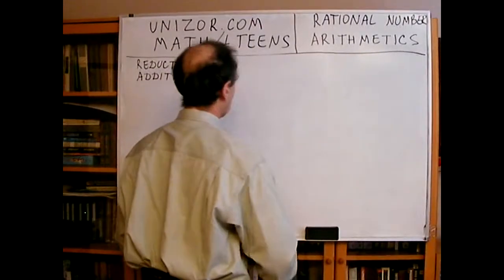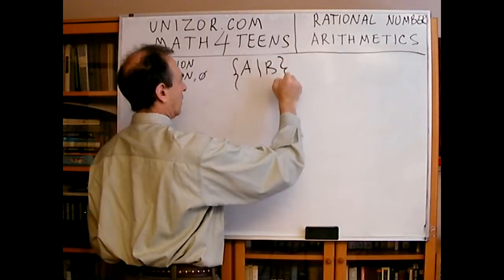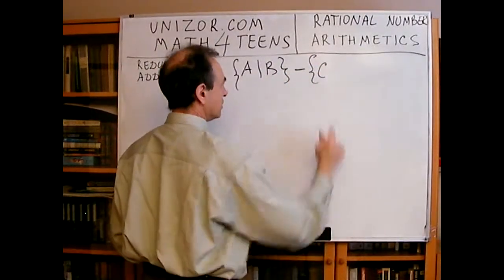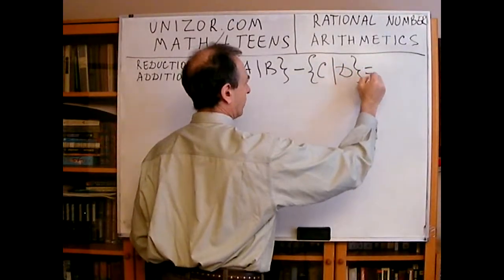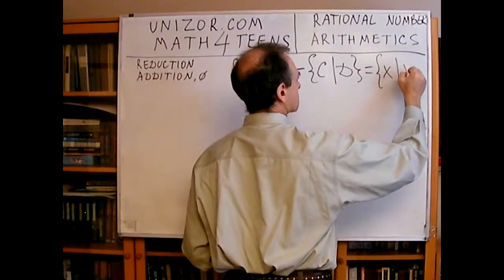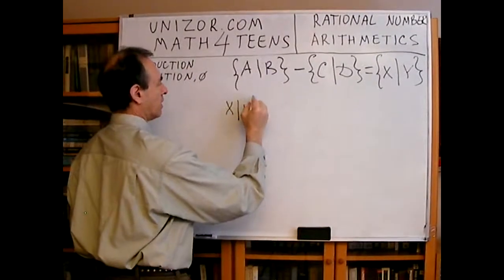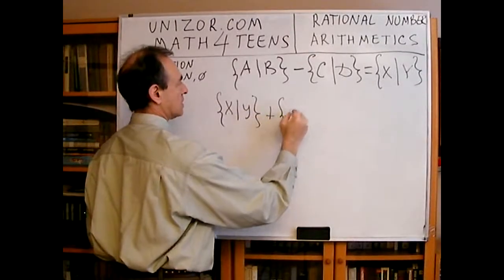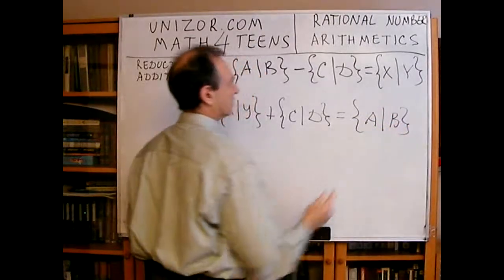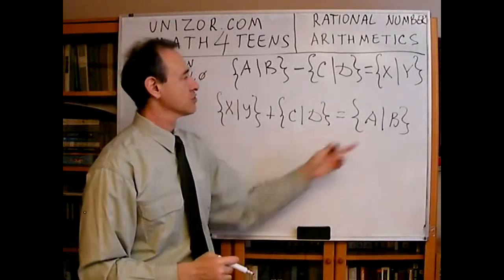So, to subtract A over B minus C over D, in theory what we have to receive is some kind of a number x over y in such a way that x over y plus C over D would result in A over B. So we have to define this x over y in such a way that this equation holds.